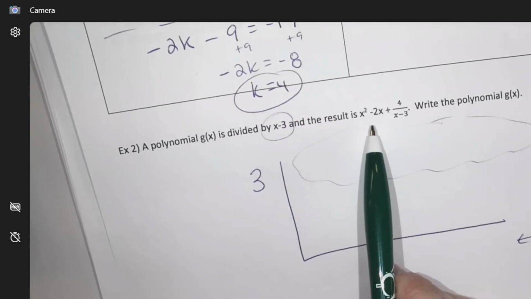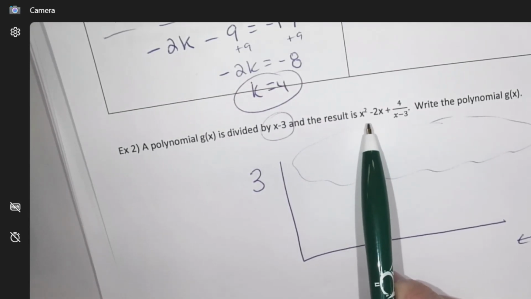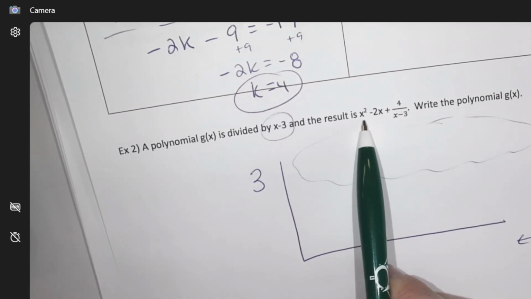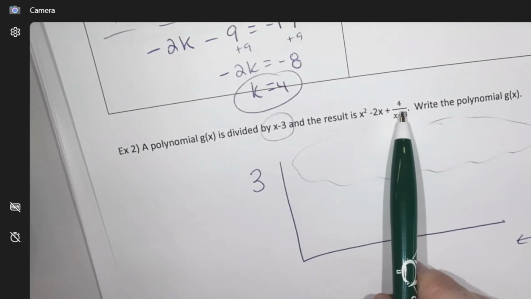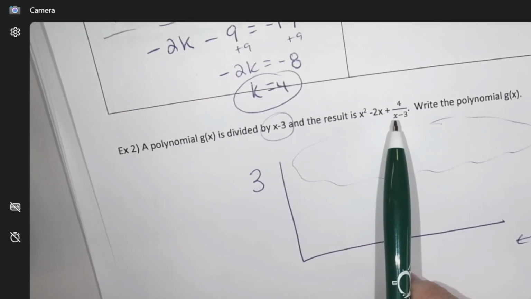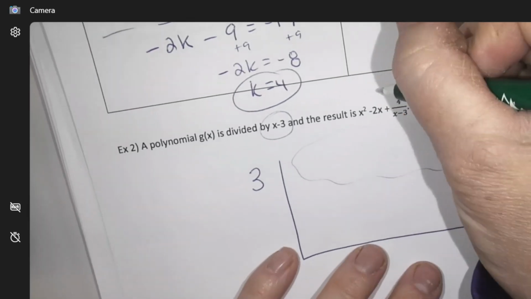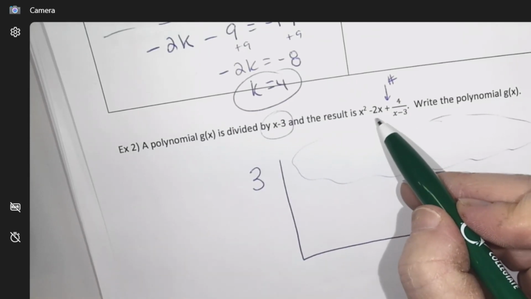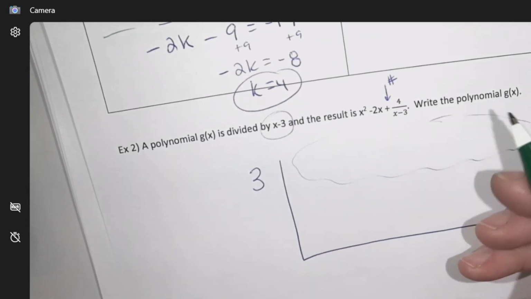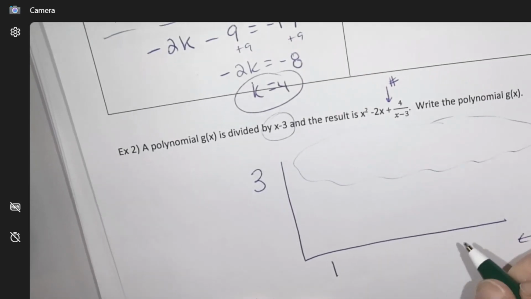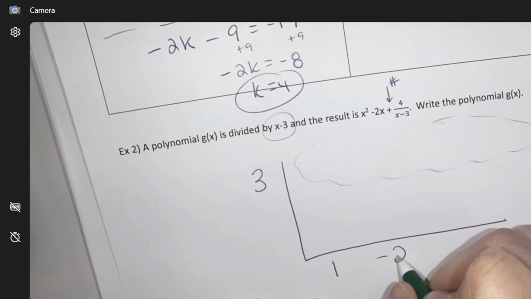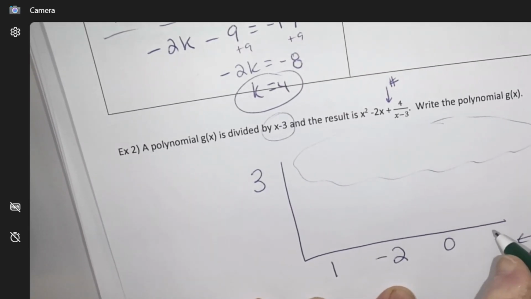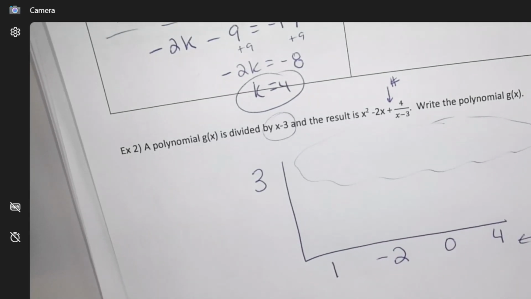Okay, so check out the order. Would this go in perfect order? This is an x squared, this is an x, and this is a remainder. Is there anything missing? The number. There's no number. So x squared, x, number, and then remainder. So we need a 1x squared minus 2x, a 0, and a 4, like that.